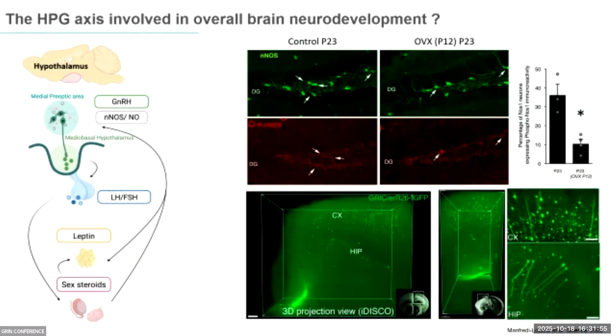And this became even more interesting when we realized that there are many cells expressing the GnRH receptor around the region of the hippocampus and the cortex. This was something that we did not know until very recently.